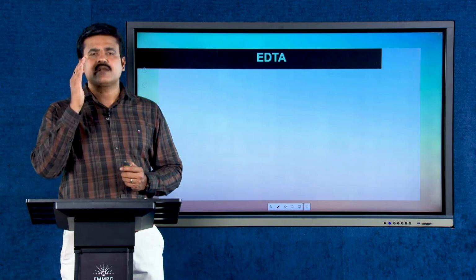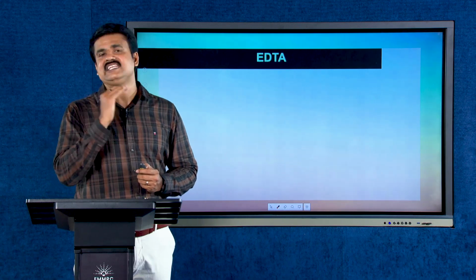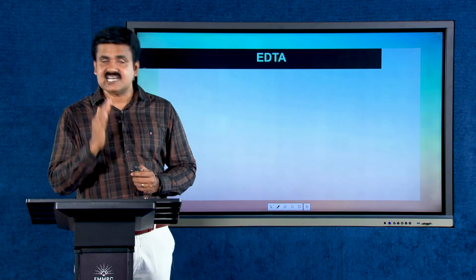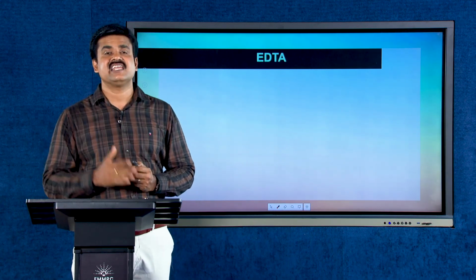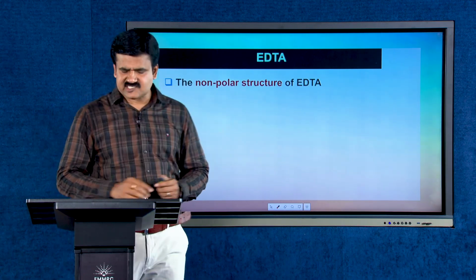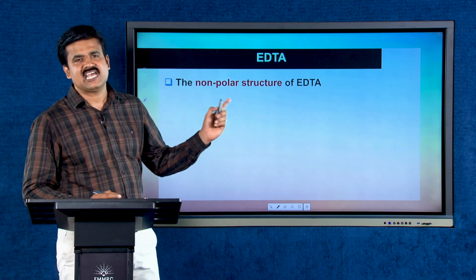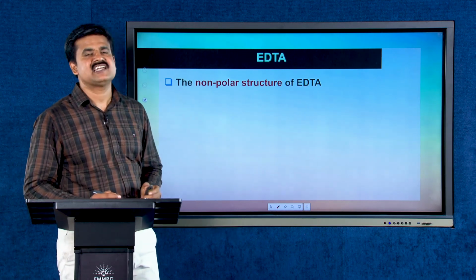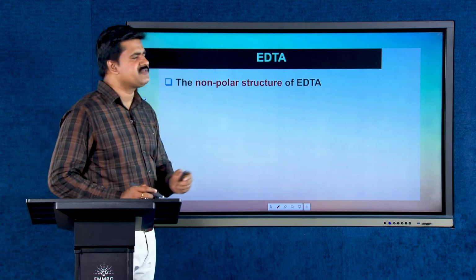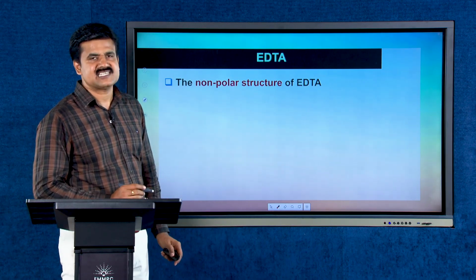Now, we are looking into the structure and more details about the hexadentate ligand ethylene diamine tetraacetic acid. The non-polar structure of ethylene diamine tetraacetic acid can be represented like this. The name of this molecule is ethylene diamine tetraacetic acid.